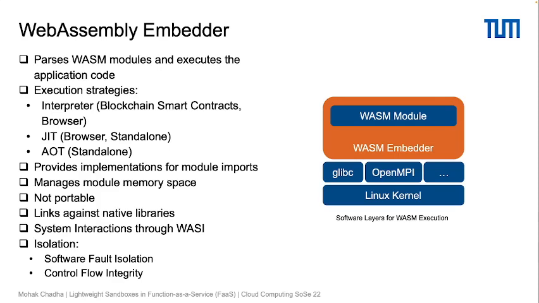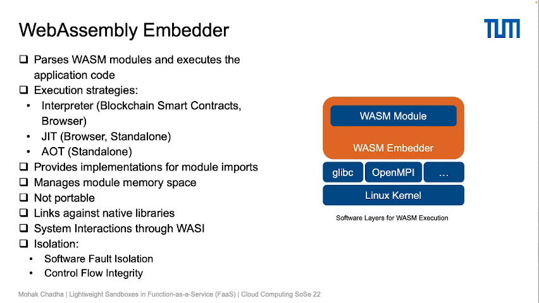Second is memory, right? All Wasm modules have linear memory. Think of it like this: you have an embedder which is a 64-bit process, and all Wasm modules can have a maximum of 32 bits, so it's 4 gigabytes. Then the embedder can launch multiple modules, which are 4 gigabytes each, inside its own memory space, right?